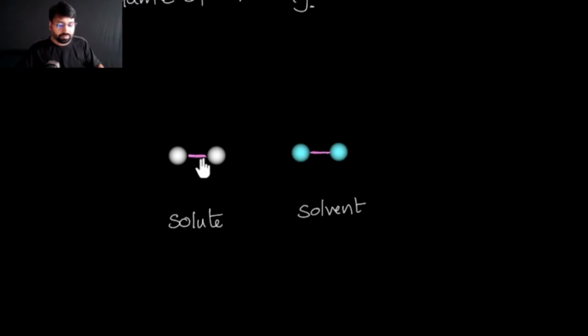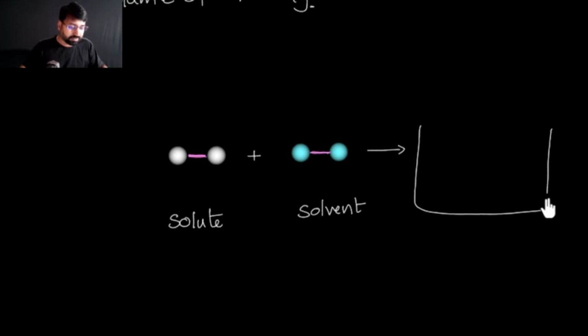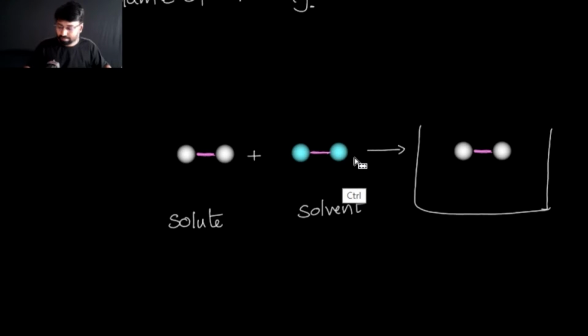The force of attraction in the solute particles may be different as compared to solvent, or it may be equal also. But when solute and solvent combine with each other, they form a solution. Let me draw a container here. I will take these two solute particles and also these two solvent particles.